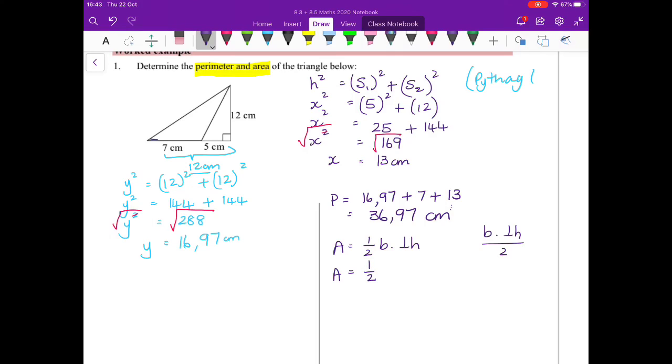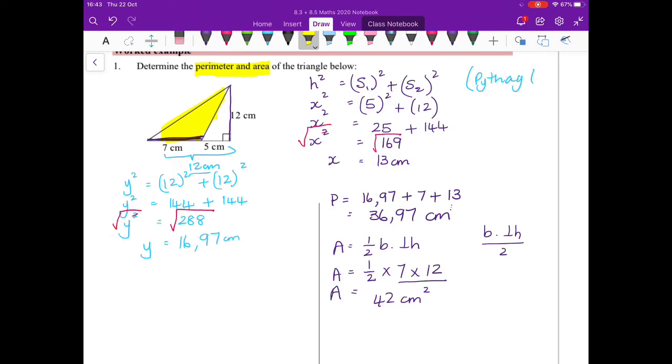This is my base in the triangle, so half times 7 times my perpendicular height, which is 12, and that would give me area equals 7 12s are 84, times a half will give you 42 centimeters. They are squared because this is two-dimensional.